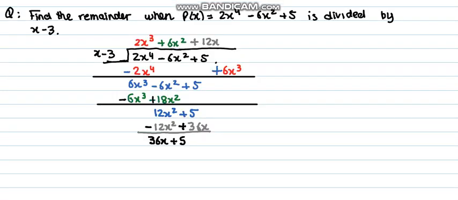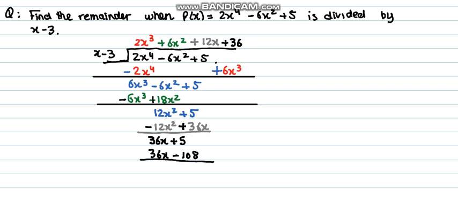So the next step would be to multiply x with such a number that becomes 36x. So that number would be positive 36. 36 becomes 36x, and that would become negative 36 into 3 is 108.